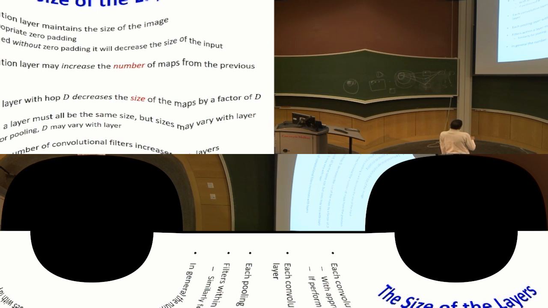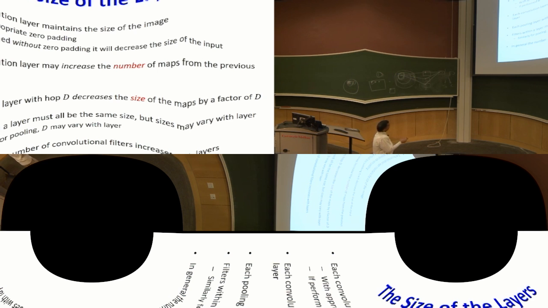So each convolution layer maintains the size of the image. If you have zero padding, without it, it will shrink. Each convolution layer may increase the number of maps from the previous layer, because the number of maps depends on the number of filters. So even if the previous layer had only 3 planes, I can run 100 filters on it, and in the next layer I'm going to have 100 planes, right?